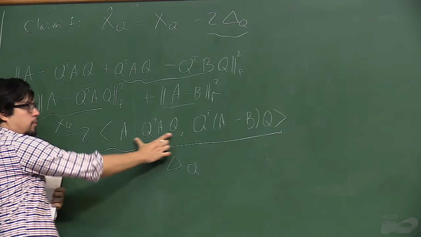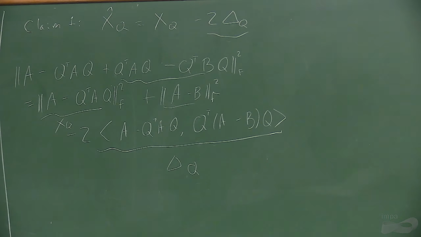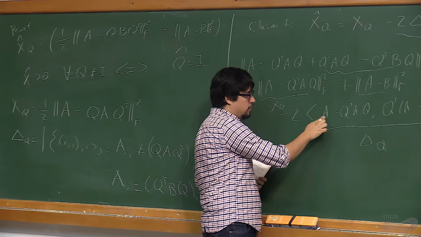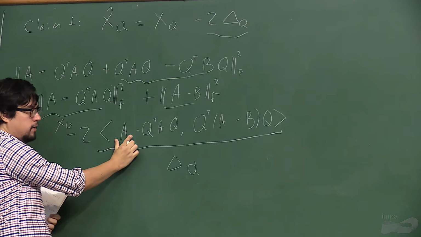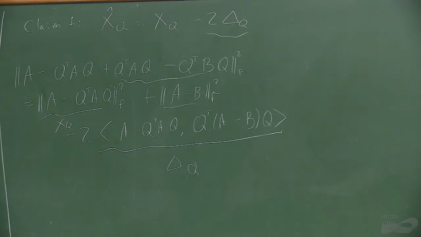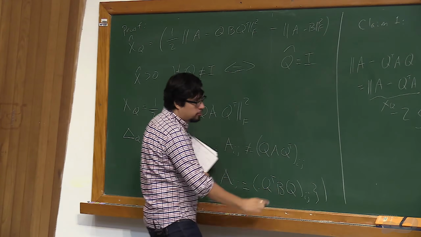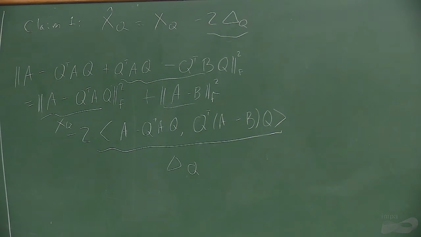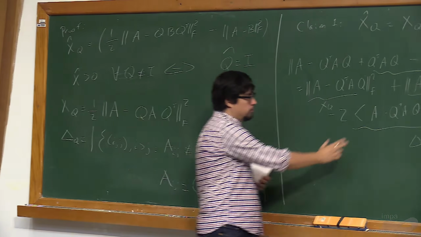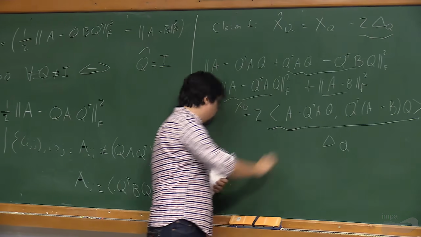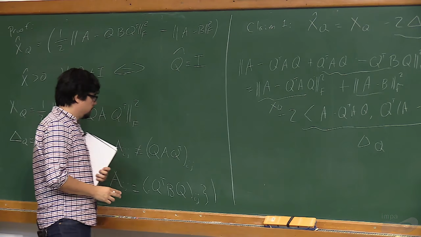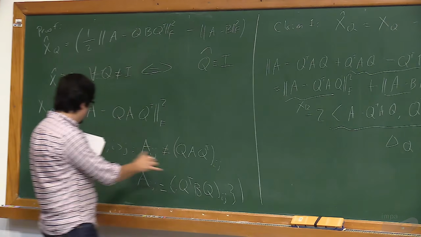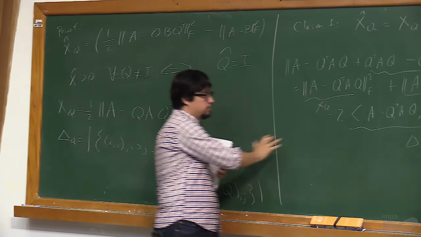So basically, these are going to be ones in this part of the function. And then, for instance, if the corresponding entry of A is equal to 1, what this means is that the corresponding entry of Q transpose BQ is also going to be equal to 1. So then this is going to create a 1 here. And if this is 0, it means that the corresponding entry here is going to be 0, but this is going to be equal to 1. So this is also going to be counted in this way. So, in principle, we can just make sure that these two quantities are the same.